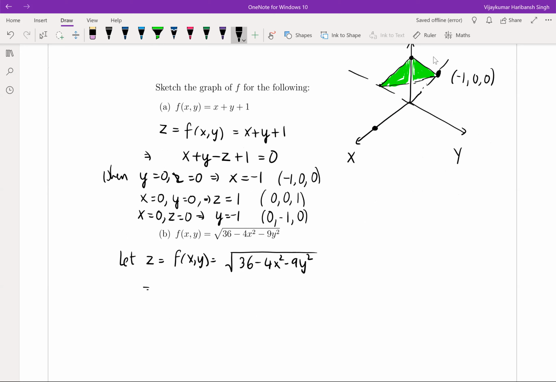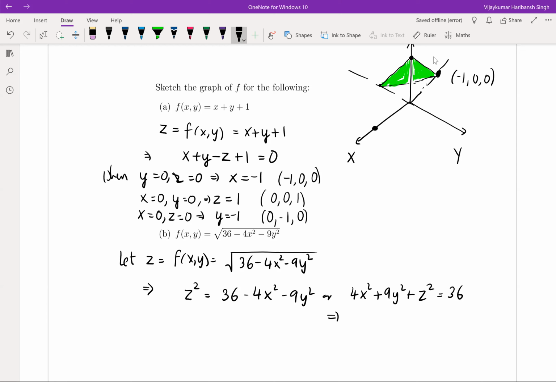When we square both sides, we get z squared equals 36 minus 4x squared minus 9y squared, or 4x squared plus 9y squared plus z squared equals 36.